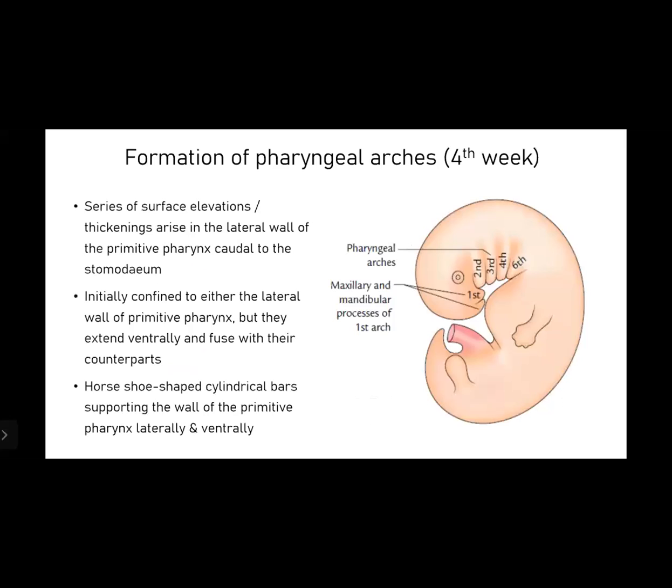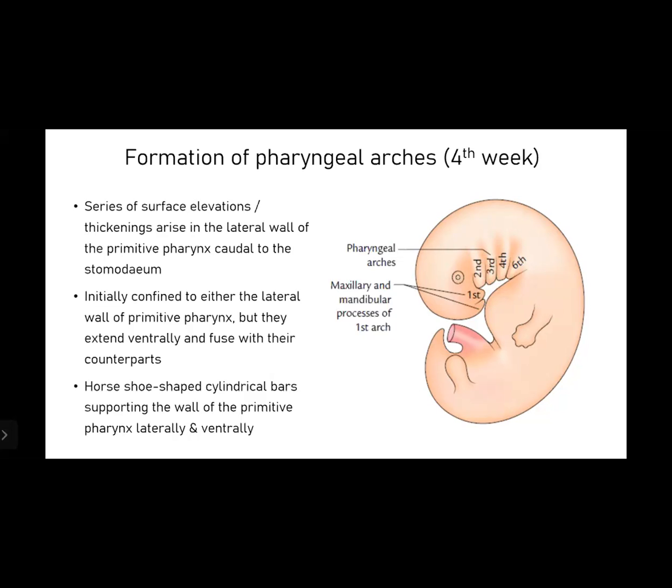So how do the pharyngeal arches form? These are actually a series of surface elevations or thickenings in the mesoderm along the lateral wall of the primitive pharynx, and it occurs caudal to the stomodeum.